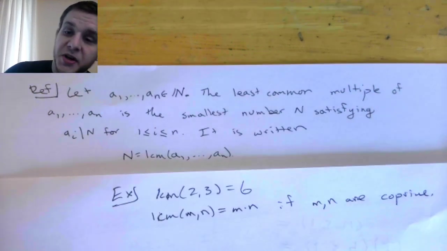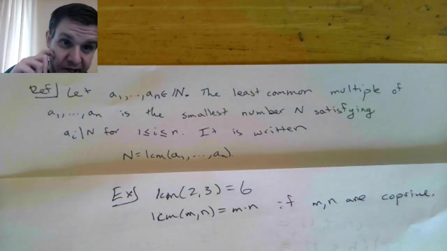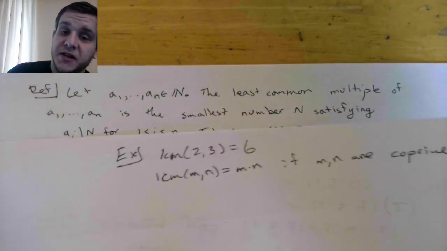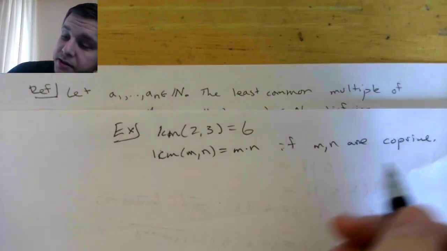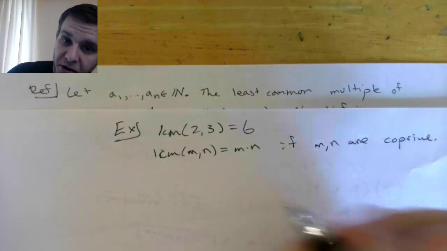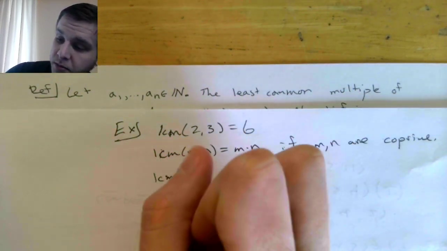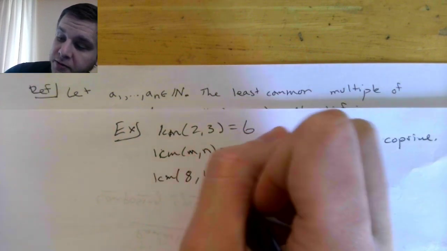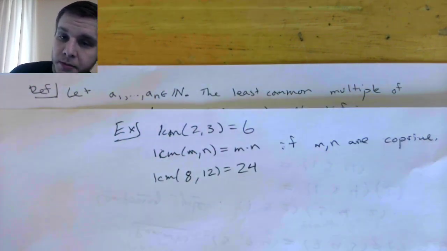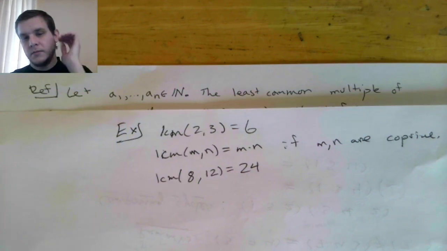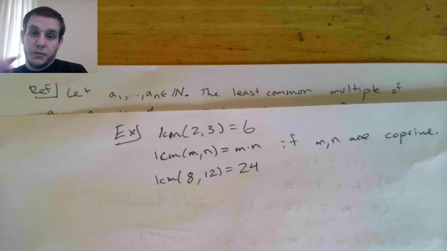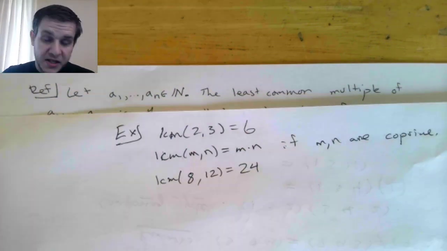You can see this very easily from the prime decomposition theorem. On the other hand, they're not necessarily the product if they're not coprime. So for instance, the least common multiple of 8 and 12 is 24. So it's not 8 times 12.